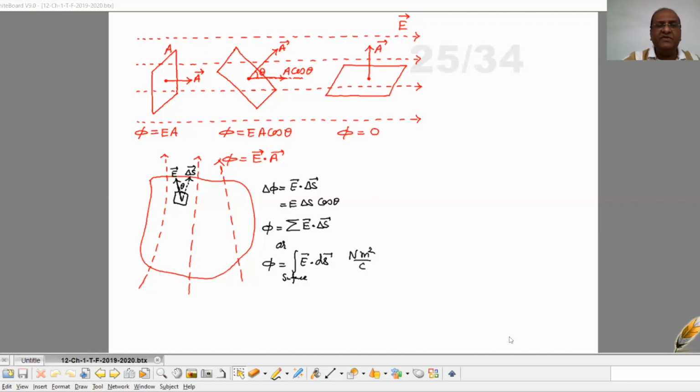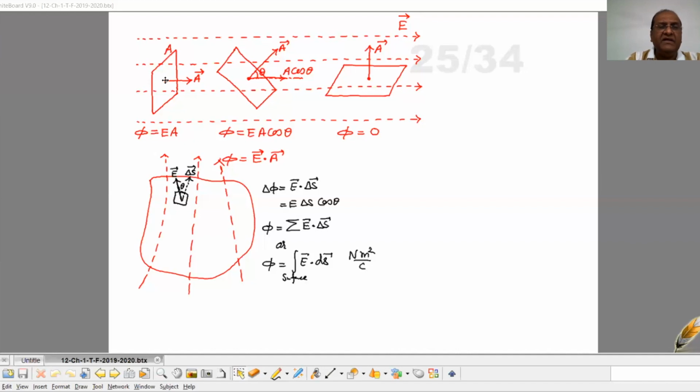Now suppose first we consider the uniform electric field as shown in this figure. And in that, take a surface with surface area A, which is placed normal to the electric field. If the surface itself is normal to the electric field, then the area vector is always represented perpendicular to the surface. So the area vector of the surface will be in the direction of the electric field.